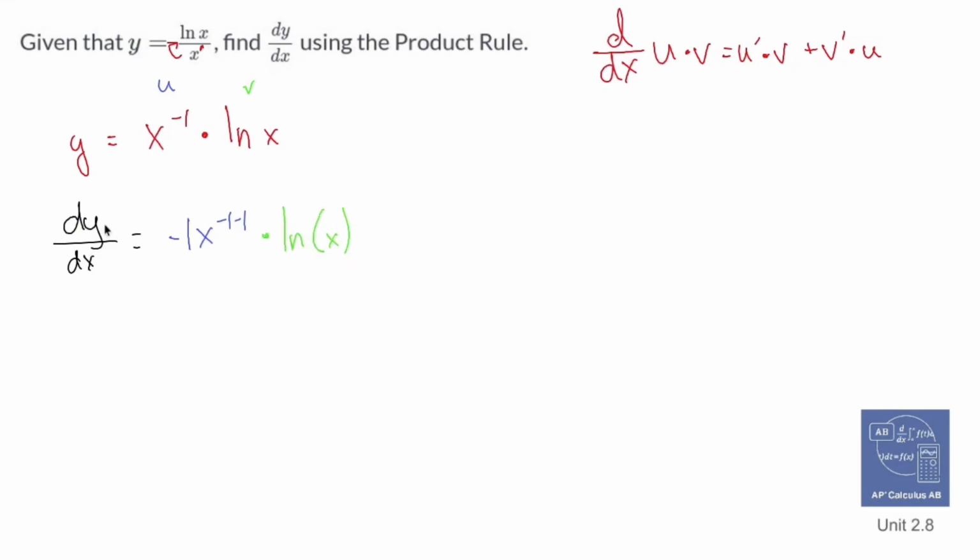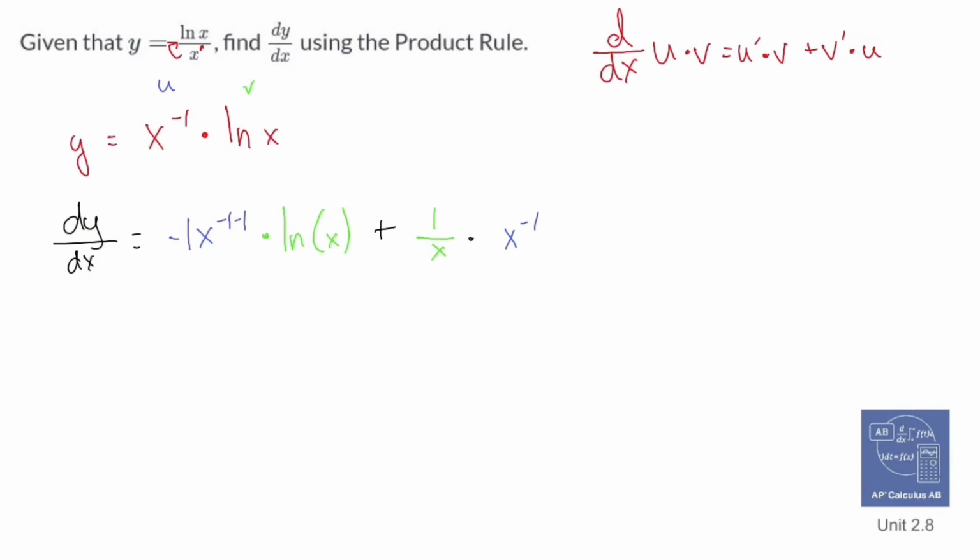Let's keep it wrapped in parentheses because it looks pretty that way. Now we're going to add the derivative of the second function. The derivative of ln of x is 1 over x. Multiply that to the first function as is, the original u, which is x to the negative 1.